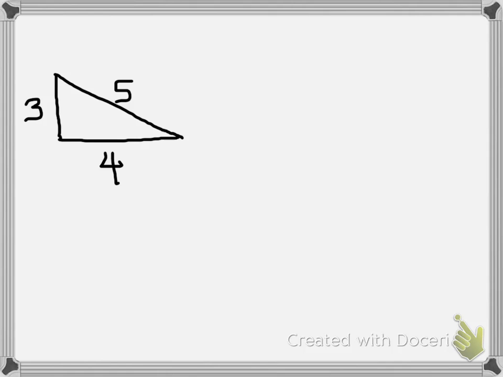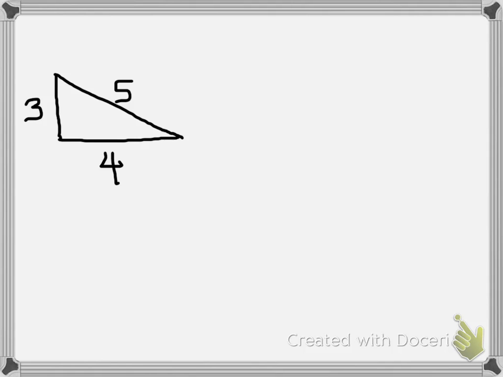So let's look at an example. Let's say we have this triangle, and let's say that this side is 3, this side is 4, and this side is 5.